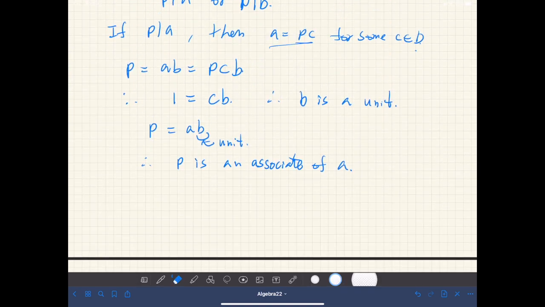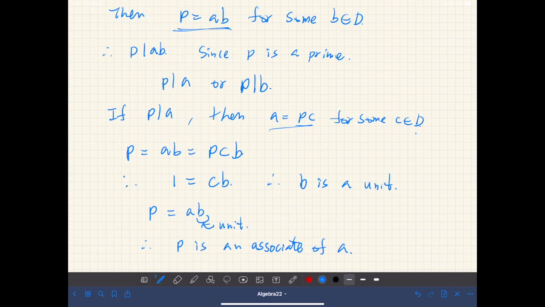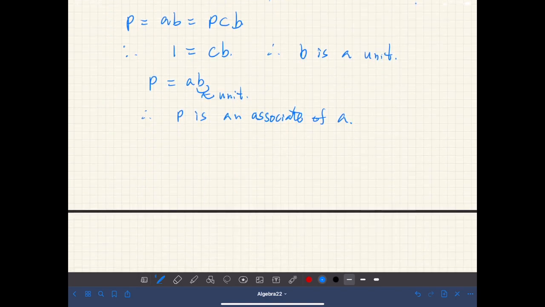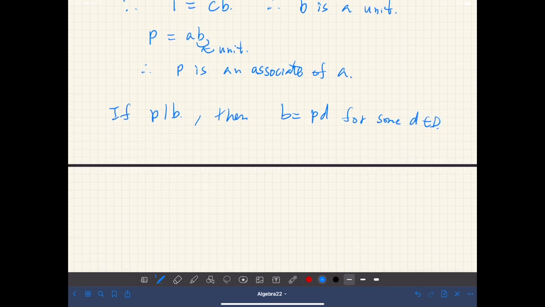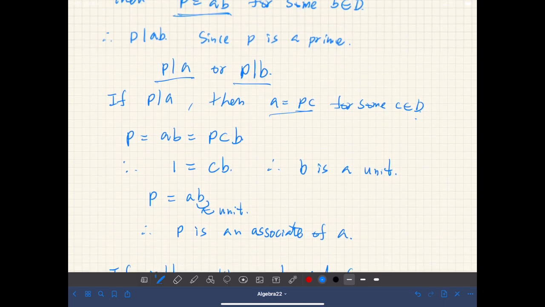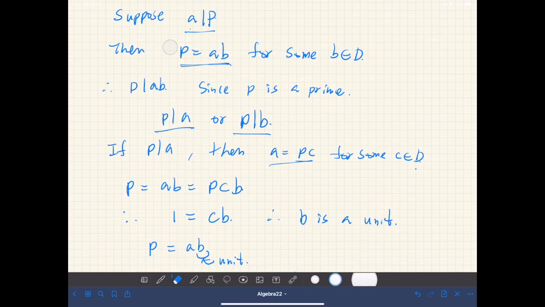Okay, we are saying either this or this, so we have to consider the case when P divides B. If P divides B, then B is equal to PD for some D. So we put this into this.